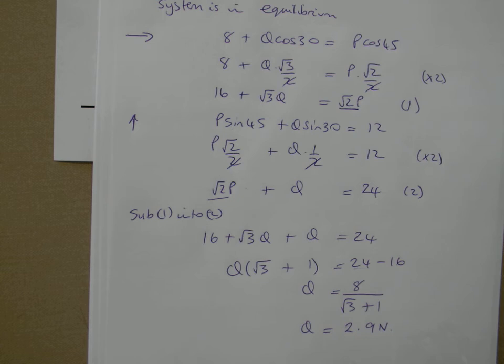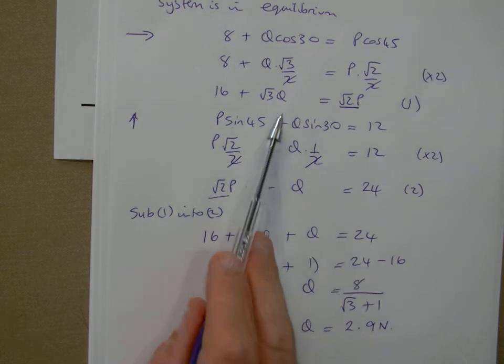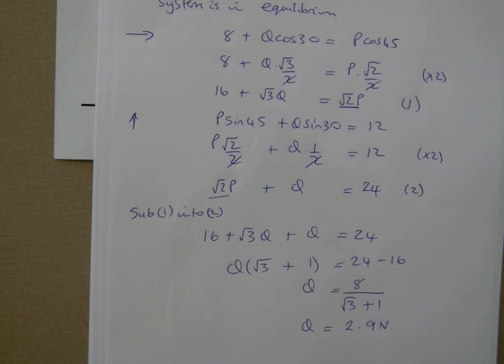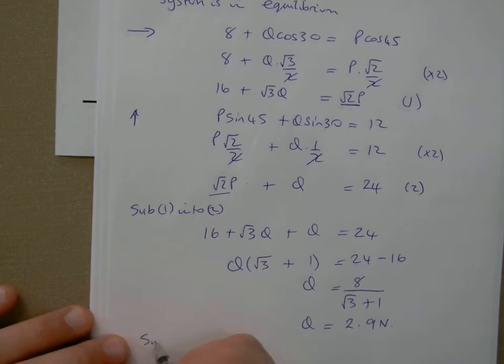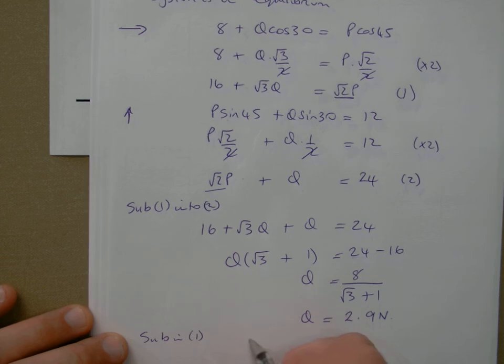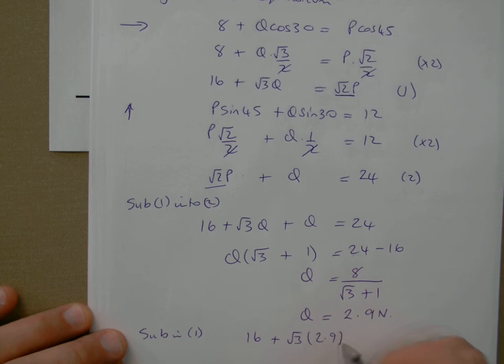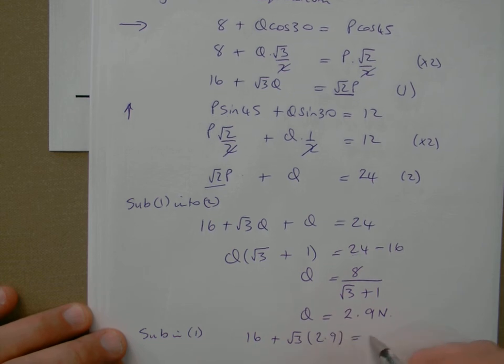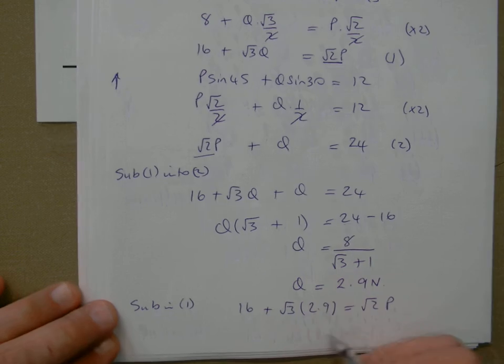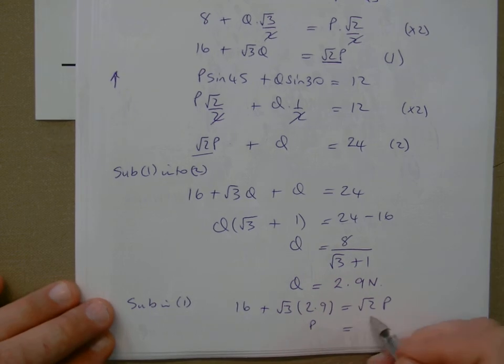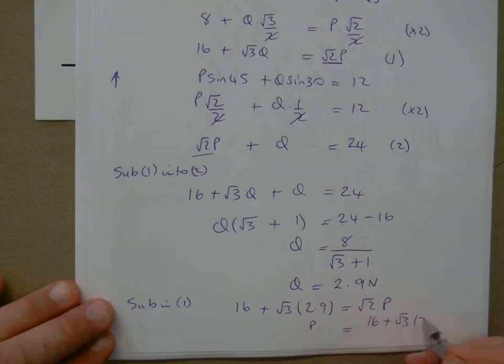All I've got to do then is sub this answer into equation 1 to work out what P is. So 16 plus root 3 times Q equals root 2P. So P will equal 16 plus root 3 times 2.9, divided by root 2.